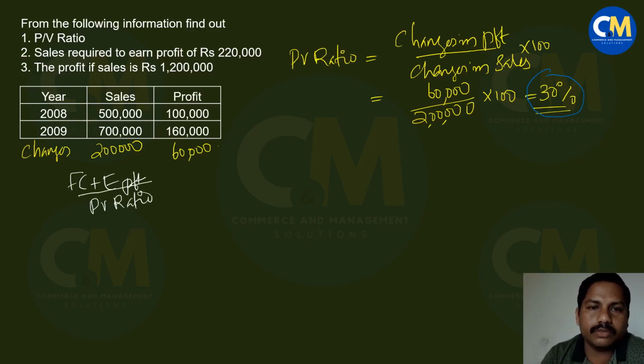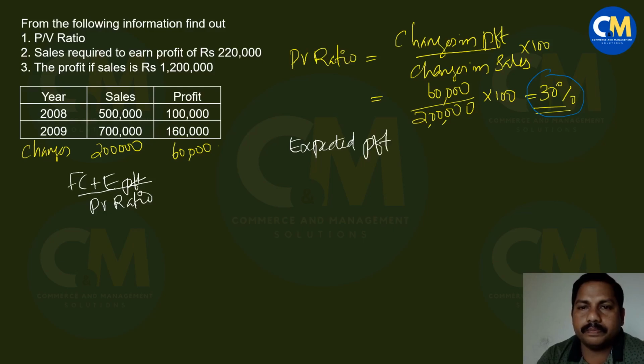Here the expected profit is given in the question, that is 2,20,000.